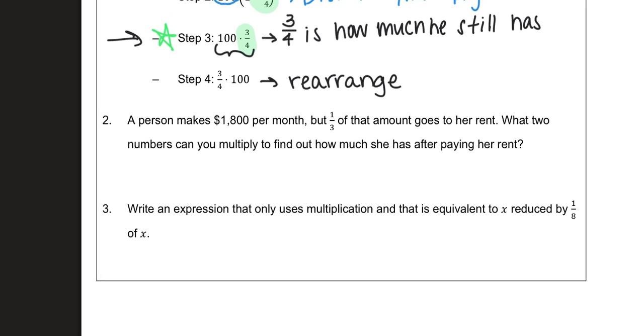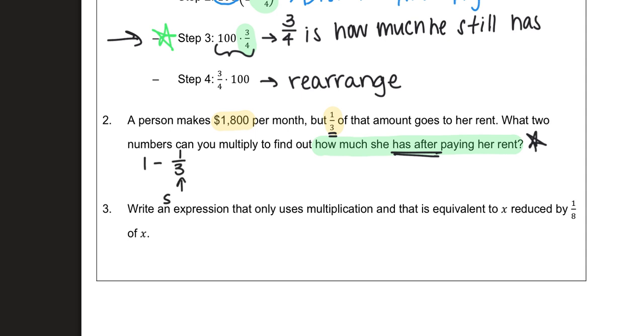So bringing us down to number 2, we have a person makes $1,800 per month, but 1/3 of that amount goes to her rent. What two numbers can you multiply to find out how much she has left, okay? This is our big question, okay? She is spending 1/3. I want to know how much she has left after paying rent. So what we can think about is we can take 1 minus 1/3.